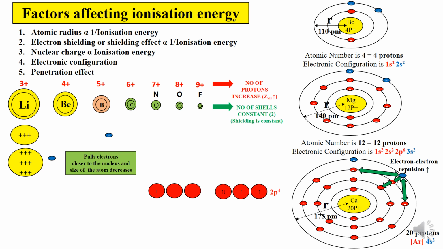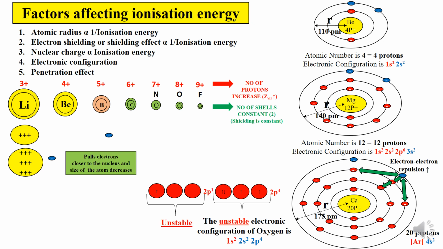So as the shielding increases, it will be easier to remove the valence electrons because of the decreased attraction due to the shielding or screening effect. Therefore, the shielding effect will be inversely proportional to the ionization energy. So as the shielding effect increases, ionization energy decreases.